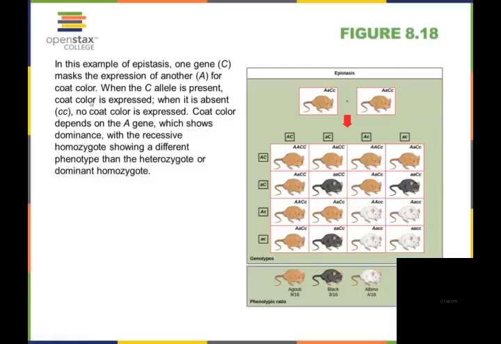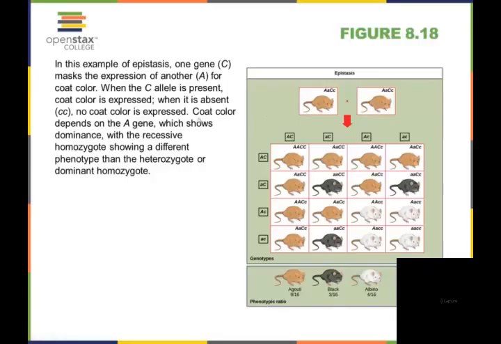So in the mouse, you have the C allele here that is going to say we're going to express the coat color. And then you have the A allele here for coat color. So A is going to determine, is it carrying a black coat, a brown coat, or is it an albino?